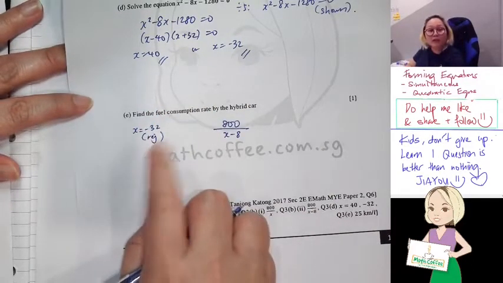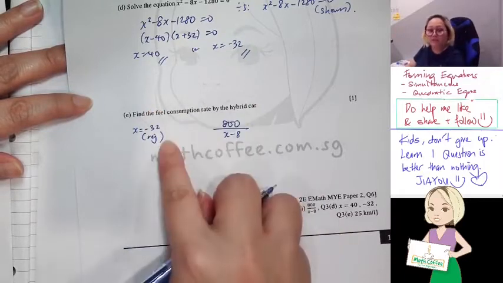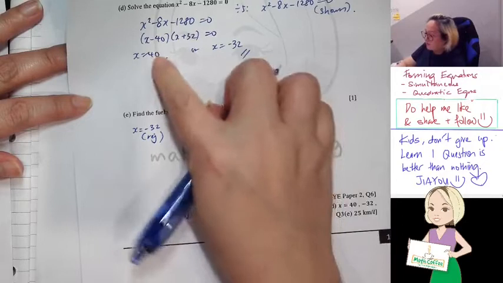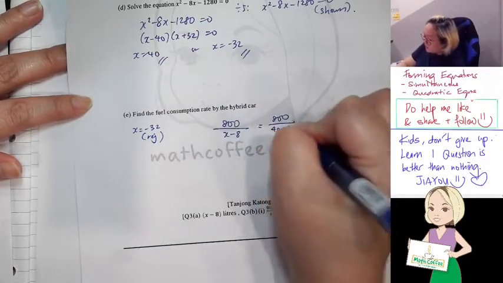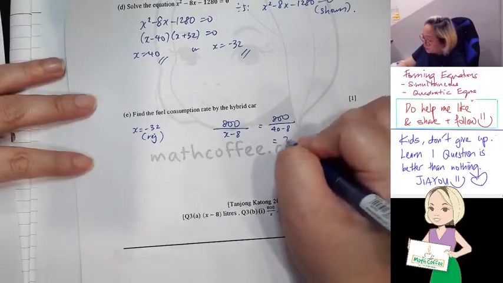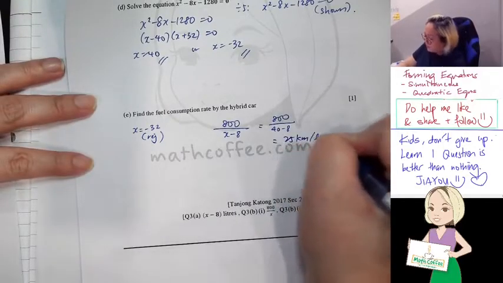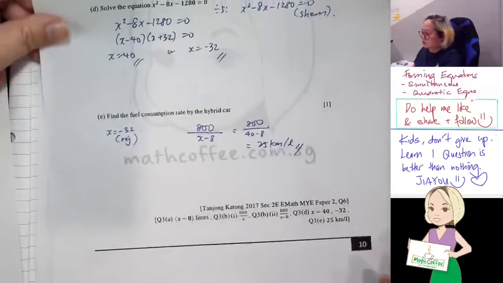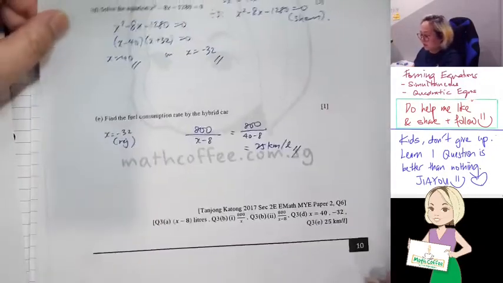Reject it under this part because you're going to use the x. Then over here, you will take 800 over 40 minus 8. So in the end, you will get 25 km per liter. That's the answer for this part.